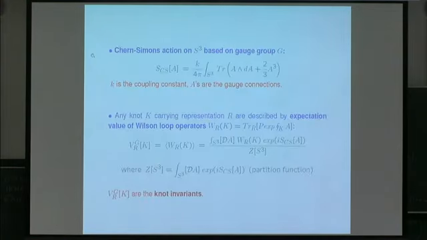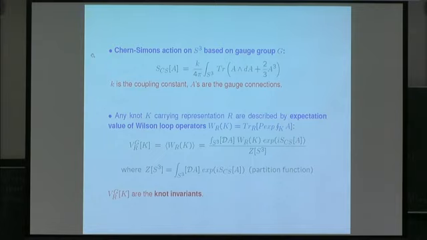Okay, so every time a physicist starts with a quantum field theory, they start with an action, and this is metric independent. It's a 3-form on a 3-manifold. K is the coupling constant, A's are the gauge connections, and then we look for observables, which are nothing but the Wilson loop operator, which I call K, and they carry a color which is the representation of a gauge group G, and this is taken over the curve which is defined by the knot K in a 3-dimensional manifold, and we are taking the 3-manifold to be a 3-sphere.